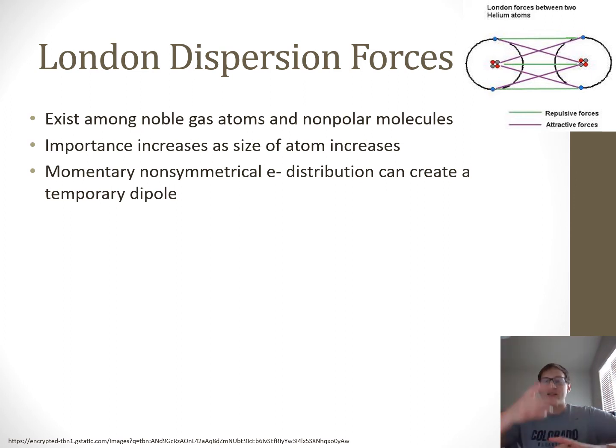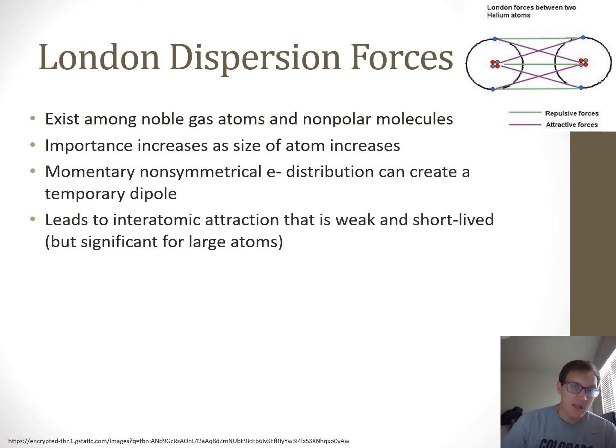And so as these things are spinning around, you get these temporary attractions. This leads to interatomic attractions that are weak and short-lived, but for really big atoms, it can be very, very significant because big atoms can pull those electrons a lot towards their nucleus, creating a pretty big, strong force.